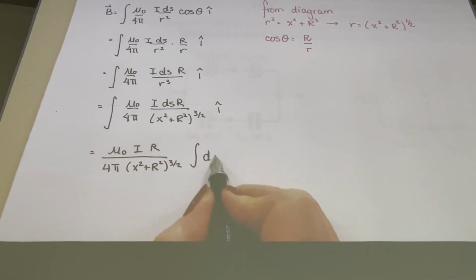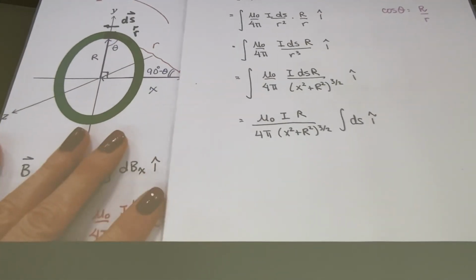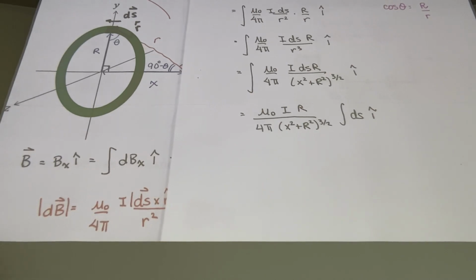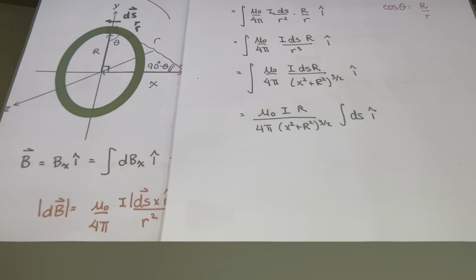So we've got the integral of ds I hat. What is this integral going to be equal to? The integral of ds means we're adding up all the little bits of ds as we go around the circle. What do we get if we add up all the little pieces of ds? We get the circumference of the circle, right?